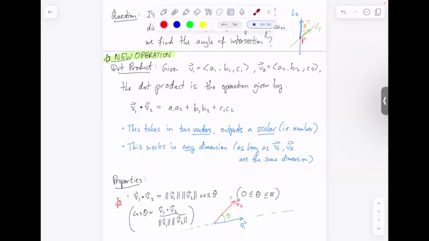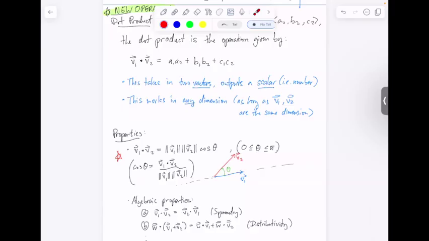The magnitude of this resultant dot product is called the component of v2 in the direction v1, which gets you the magnitude of v2 in this direction. And if I want to convert that magnitude into an actual force pointing this direction, I get the projection of v2 in the direction v1.